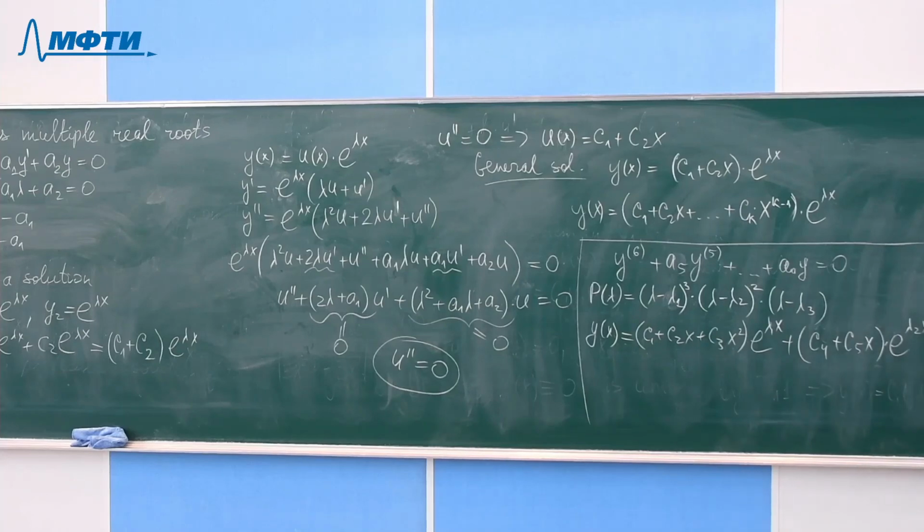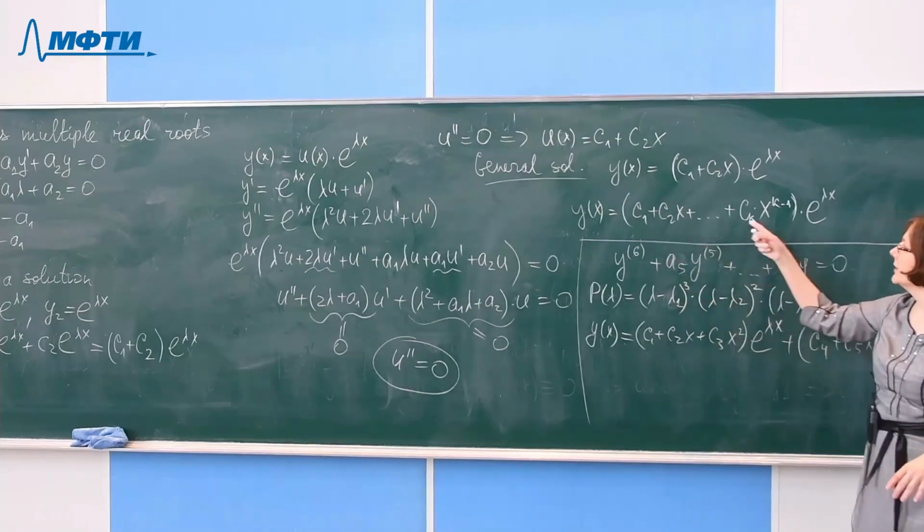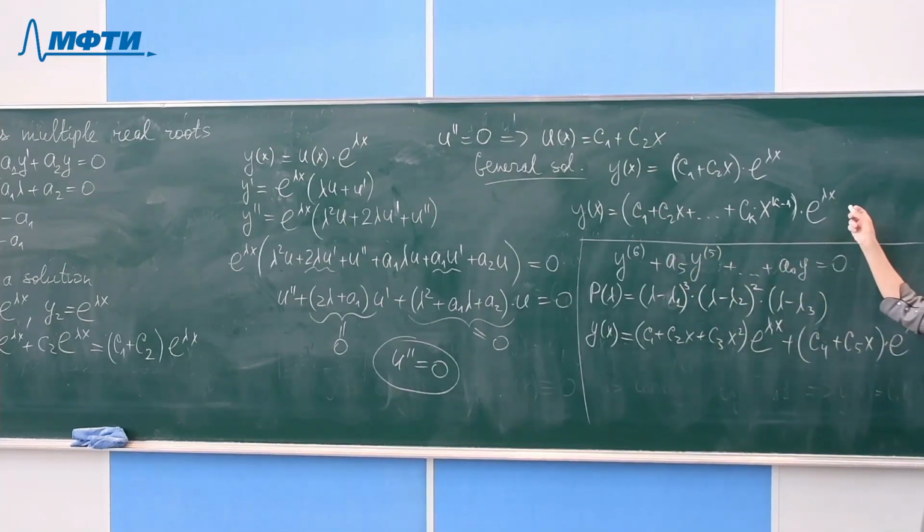So for each root with some multiplicity, we should write this part, this function.